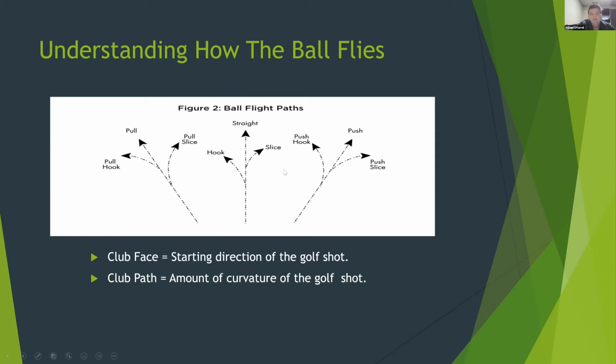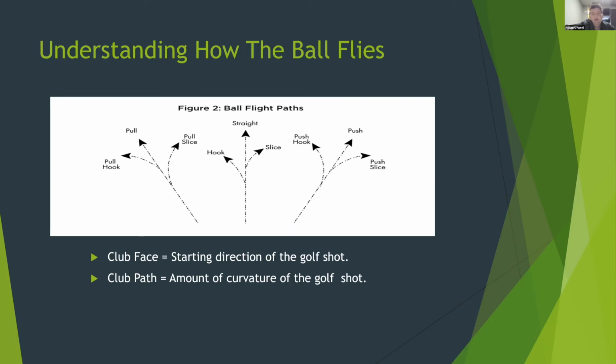So in a perfect example on the right, this push hook, when the club face is open to the target over here, but the path would be more right than the club face, then that ball is going to start to curve to the left.